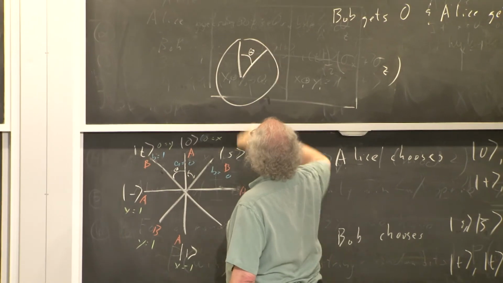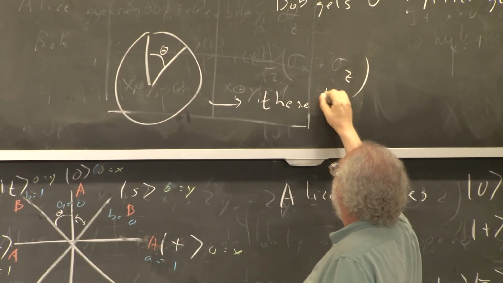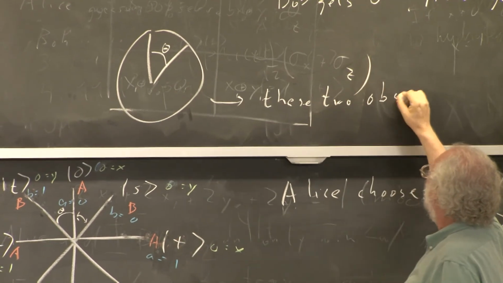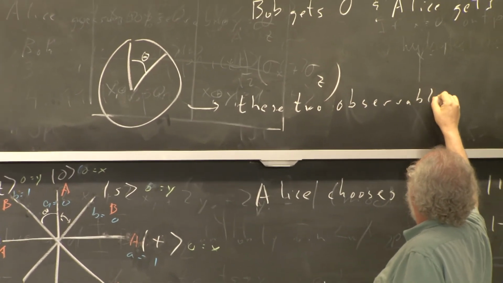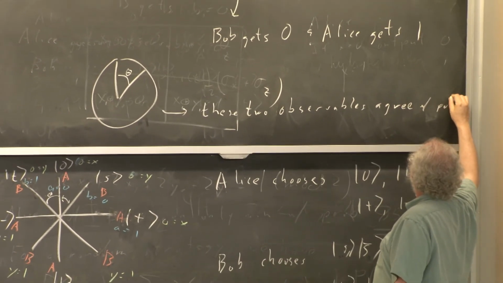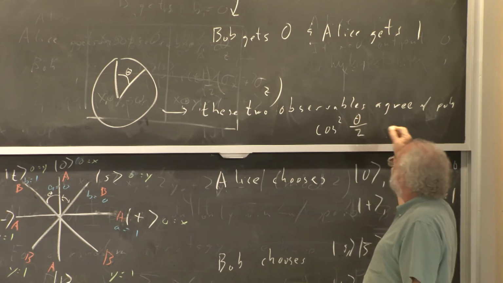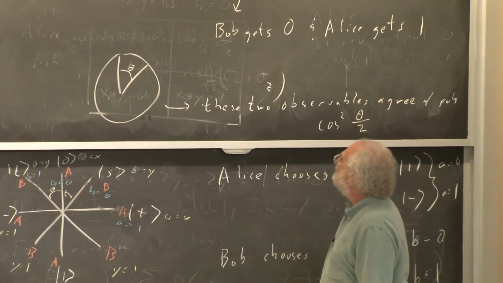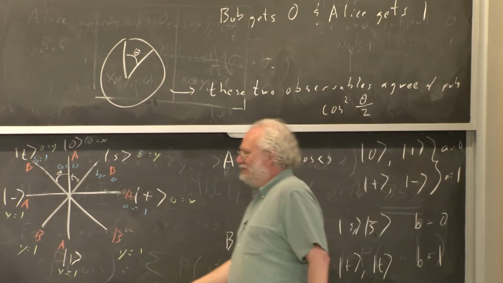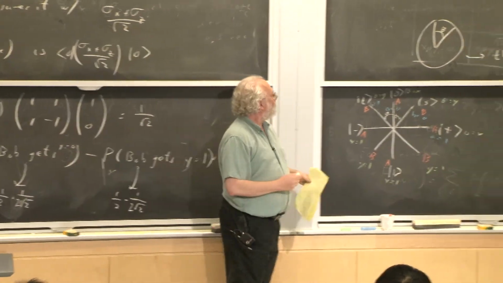If this is theta, these two observables agree with probability cos squared theta over 2. So that's cos squared pi over 8.